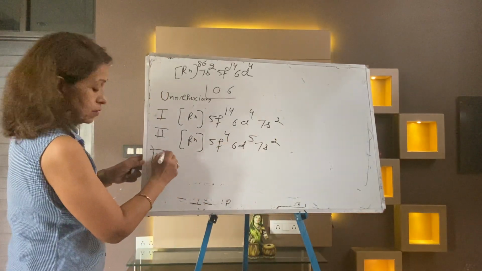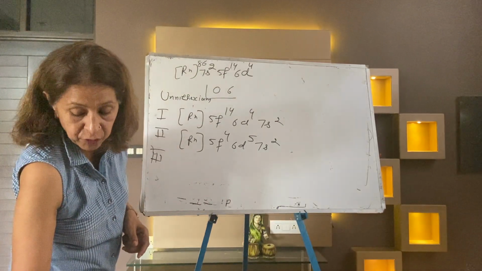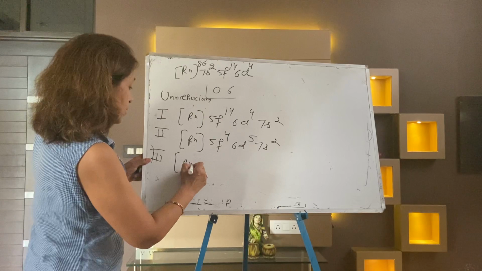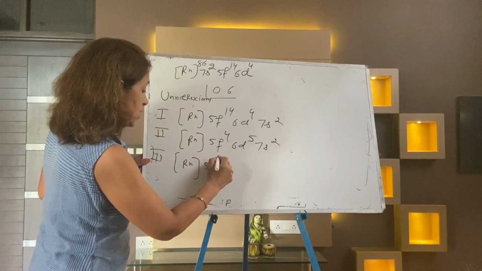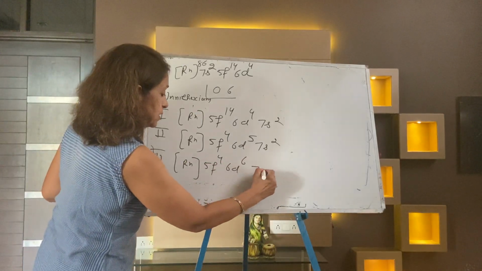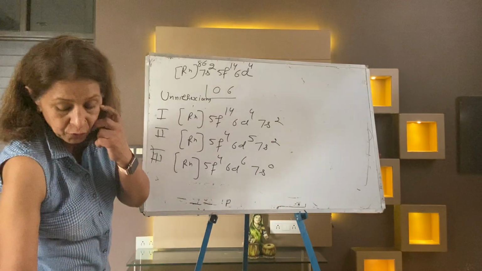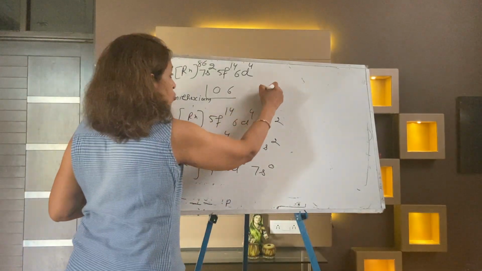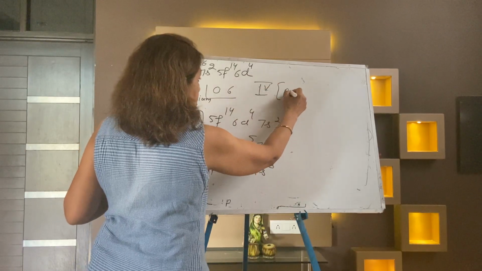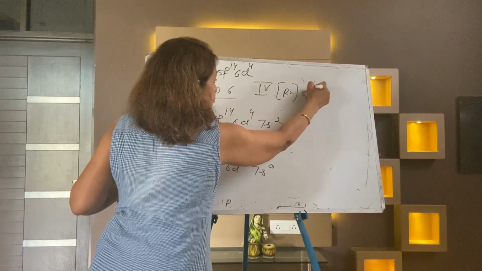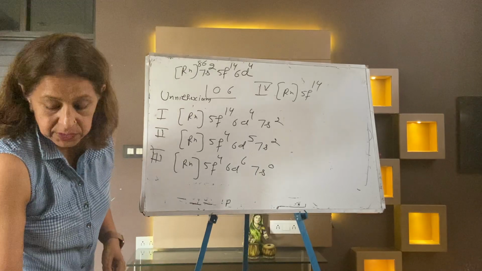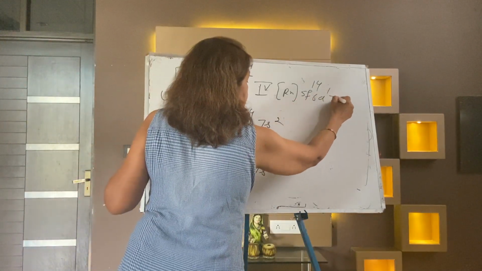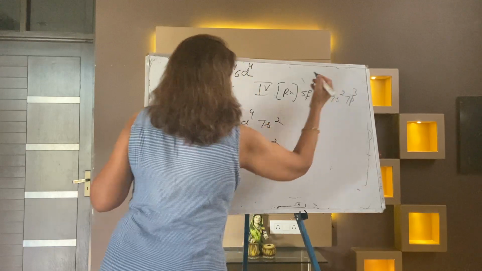Third option, radon 5f14, 6d6, 7s0. The fourth option, again radon, 5f14, 6d1, 7s2, 7p3.